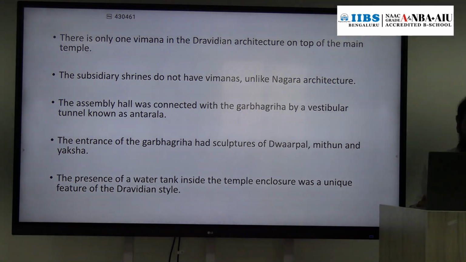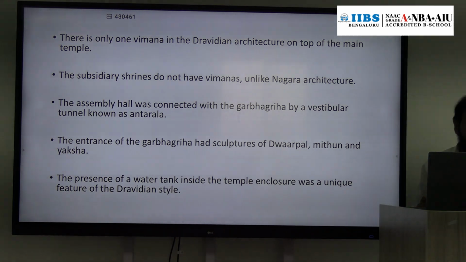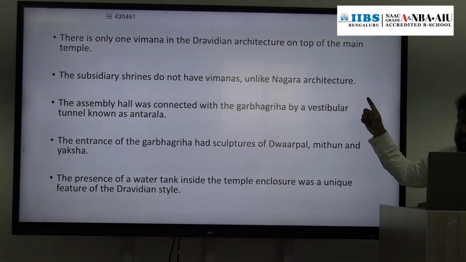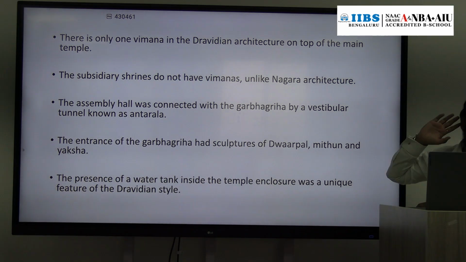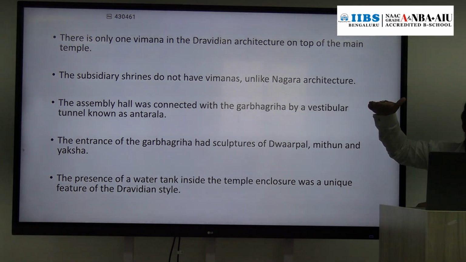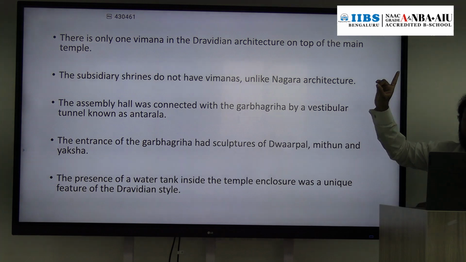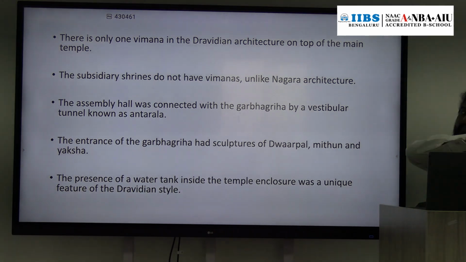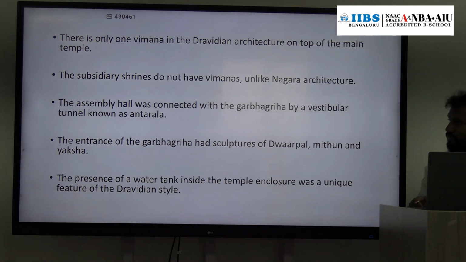In Nagara style of architecture, Shikharas were present even on subshrines. But in Dravidian school of architecture, there is no Vimana on the subshrine. There is a flat roof above the Garbhagriha in the subshrine, and a Vimana only in the main shrine.